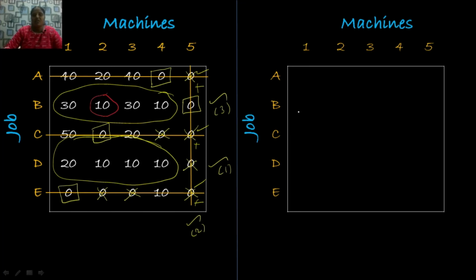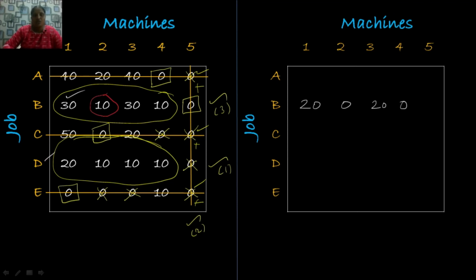Let me now start with the subtraction of the minimum element from all uncovered elements. So for that, let me start with the second row. 30 minus 10, 20, 10 minus 10, 0, 30 minus 10, 20 and 10 minus 10, 0.